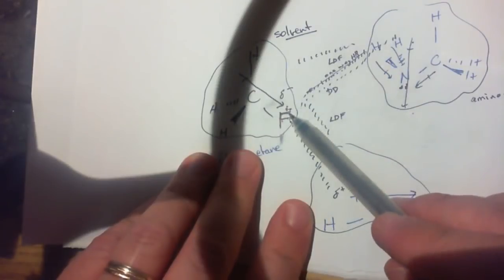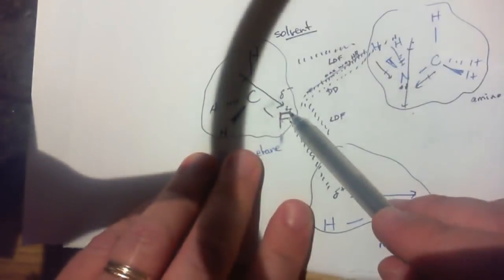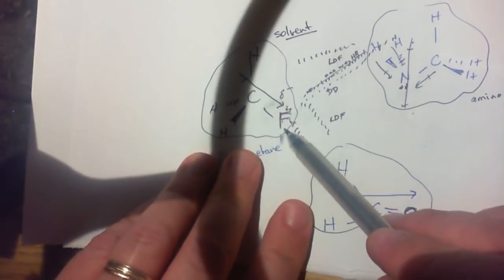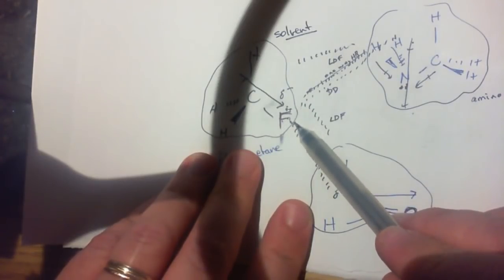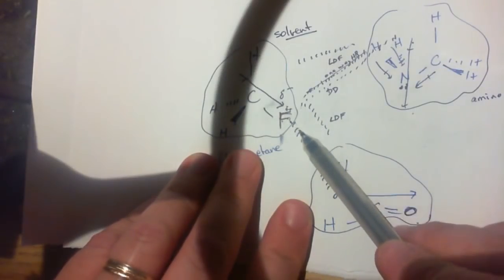So to receive, we don't have to be bonded. All we need is lone pairs. Because it doesn't have a hydrogen, it cannot form. So that's why we call it a one-way. It has lone pairs so it can receive, but no hydrogen so it cannot form.